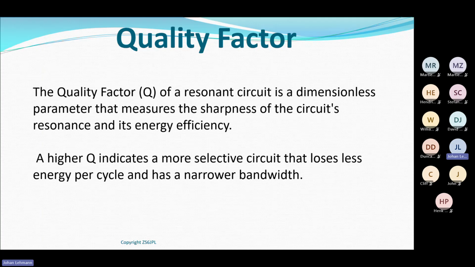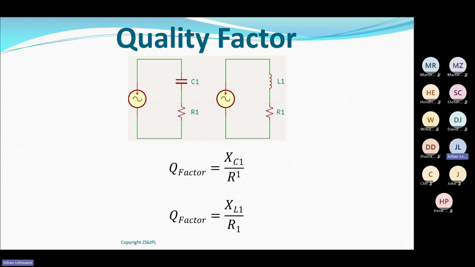Okay, so if we look at the formula for the quality factor, it's the capacitor's reactance value over the internal resistance value of the capacitor. So you can already see the smaller this internal resistance value is compared to the reactance of the capacitor, the higher my quality factor would be. So the higher this internal resistance of the capacitor is, the lower the quality factor would be.